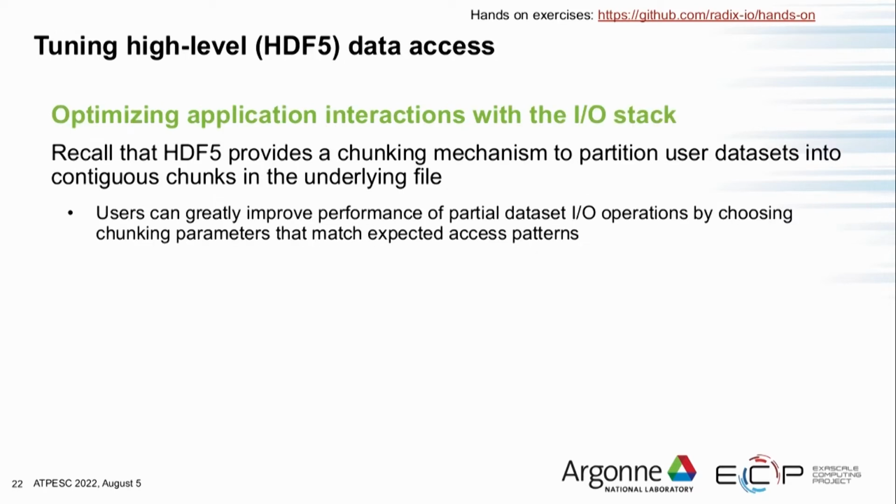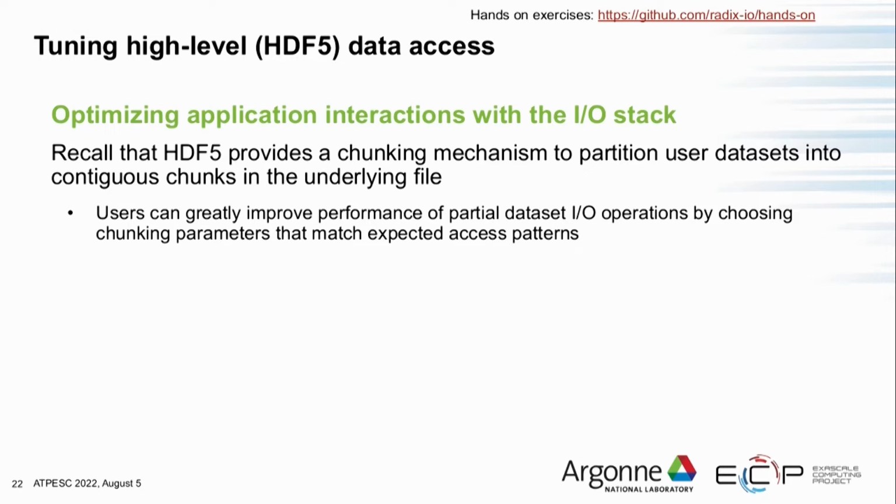I'll move up to some high-level optimizations, and this time I'm using HDF5 as an example. I'm going to focus on chunking first. If you recall from Scott's talk, HDF5 has this chunking mechanism that allows you to control how portions of data sets are mapped into contiguous chunks in the underlying file.